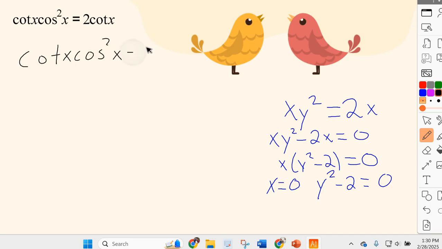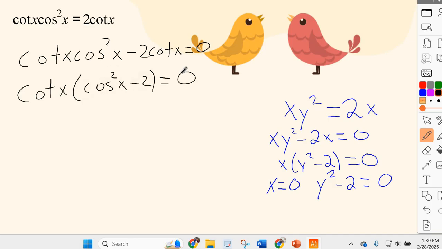I can't factor out an x, because remember, all of our x's are technically inside of our trig functions. But I can factor out the cotangent, because both terms are sharing a cotangent. Then what can we do?